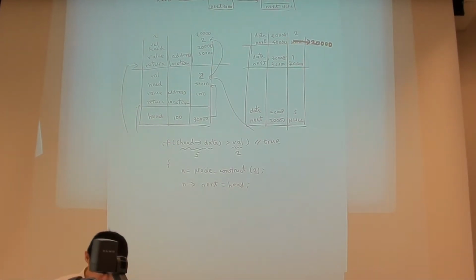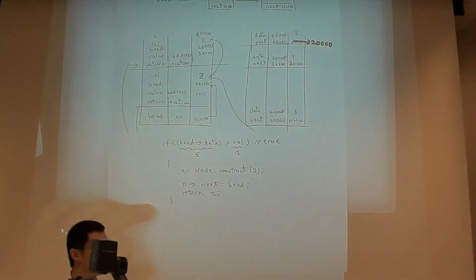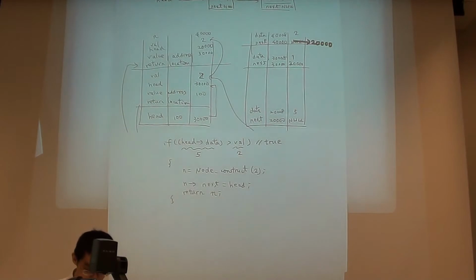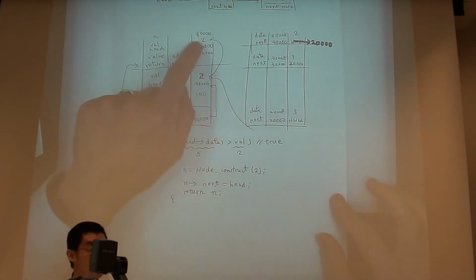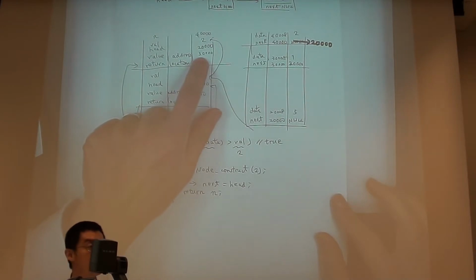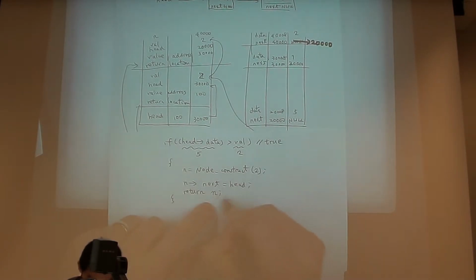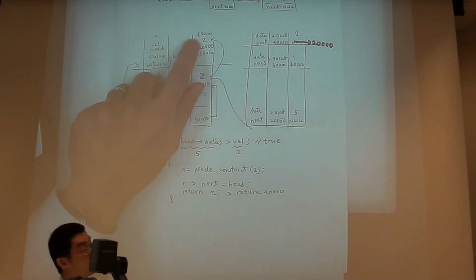And then I say return N. Return N. N is 40,000. The variable address is 30,000. So I'm going to return 40,000 because N's value is 40,000.